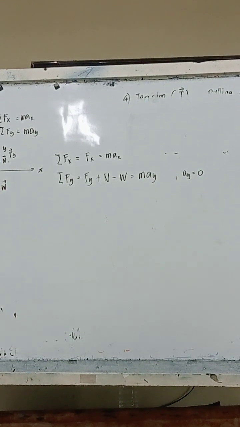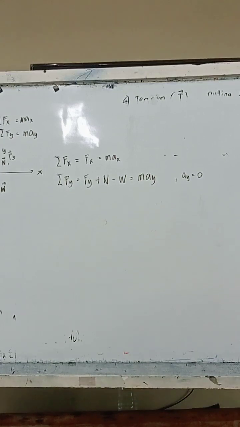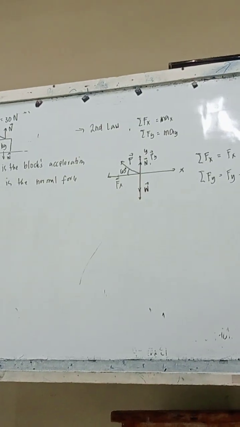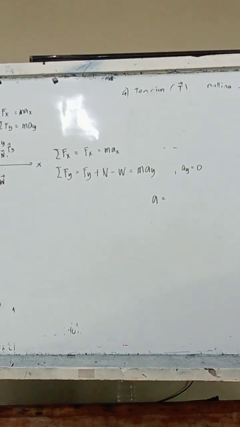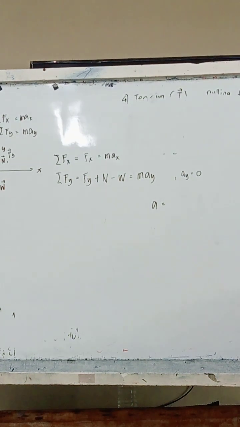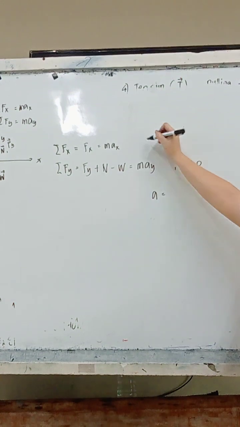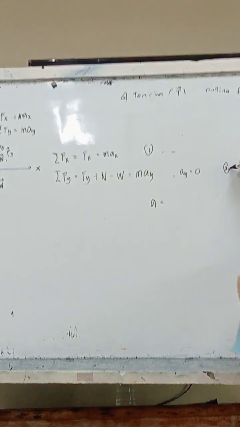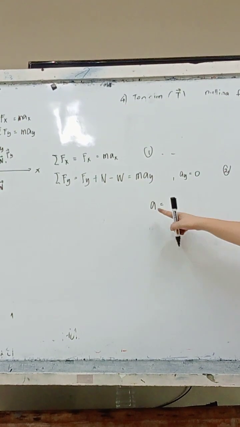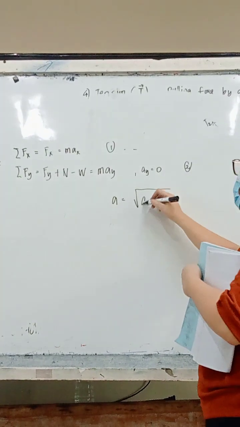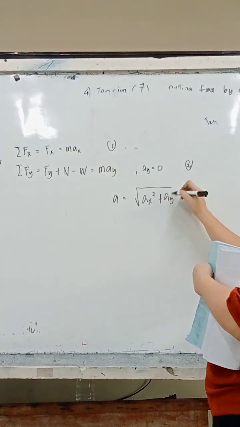Then the question: what is the acceleration of the block? So what is a? To solve for a, we get ax from the first equation and ay from the second equation. The magnitude of a is the square root of ax squared plus ay squared.